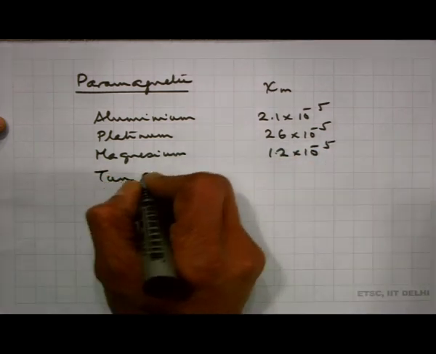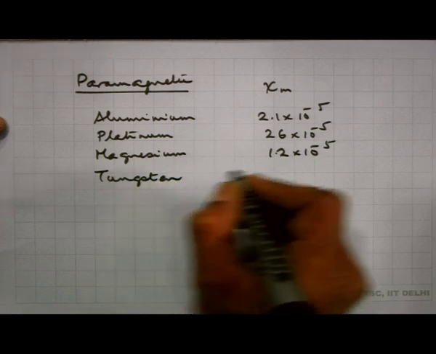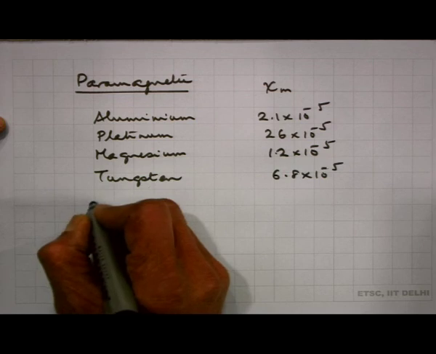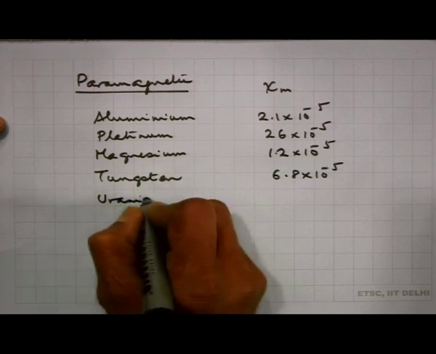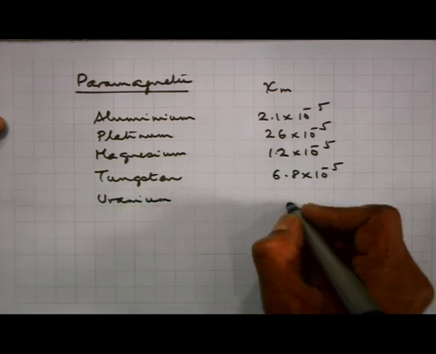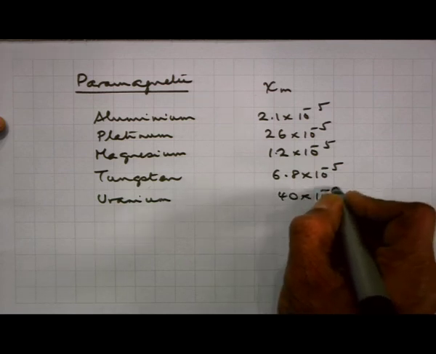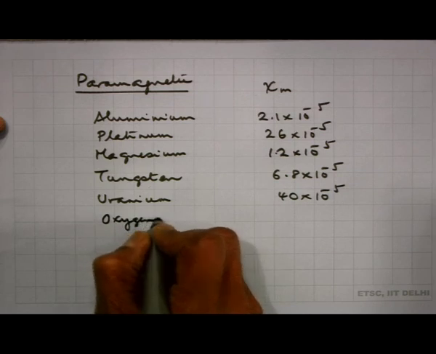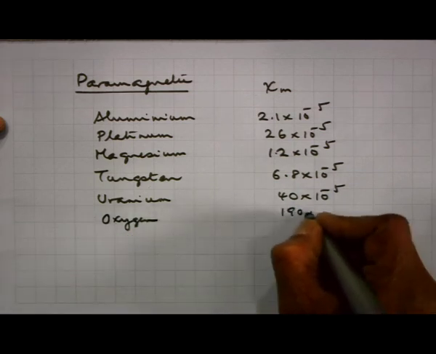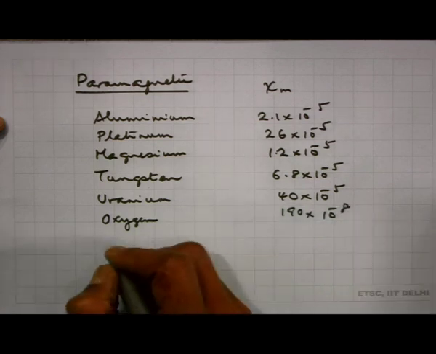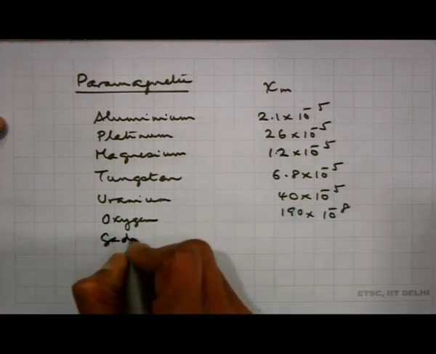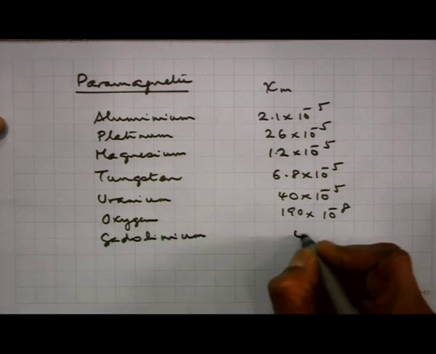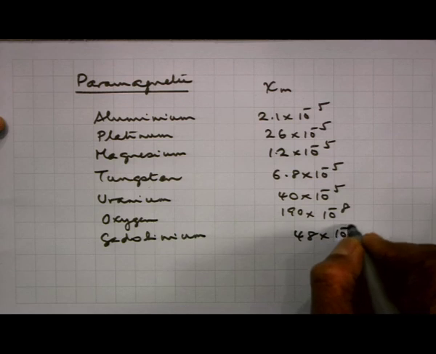Tungsten, 6.8 into 10 to the minus 5. Uranium, 40 into 10 to the minus 5. Oxygen, 190 into 10 to the minus 8. Gadolinium, 48 into 10 to the minus 2.